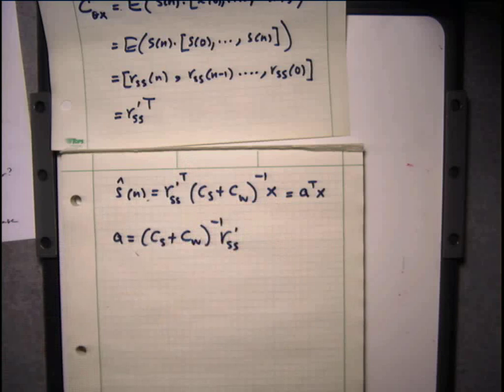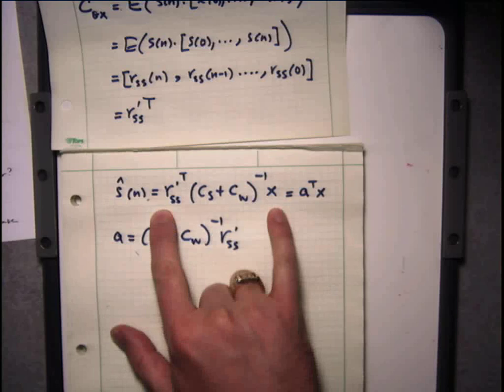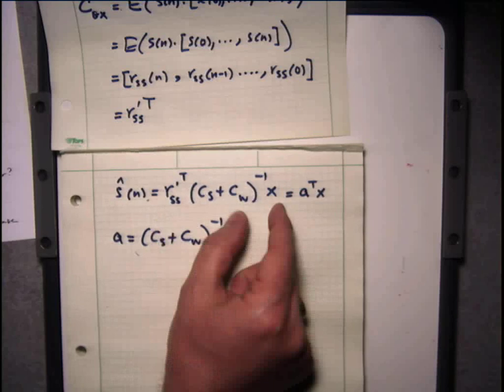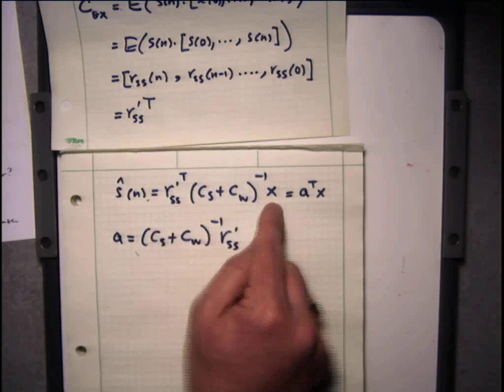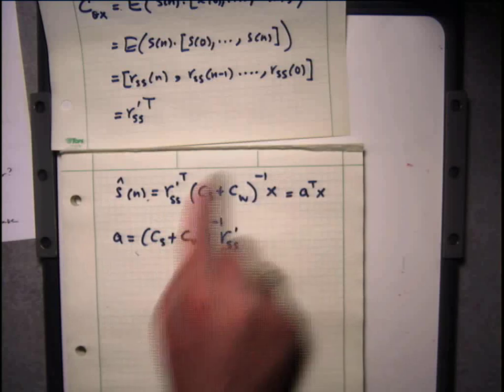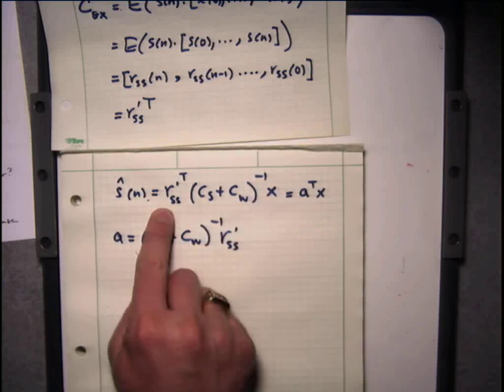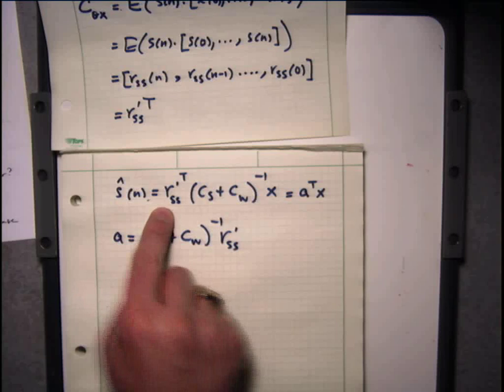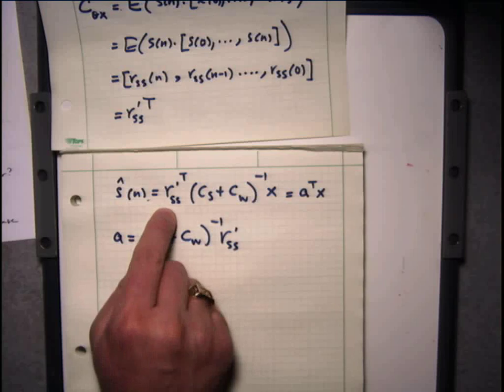What you do know about it is its autocorrelation function. So this computes a weighted version of the elements of X according to the covariance of those elements and the autocorrelation function for the signal that you're looking for.